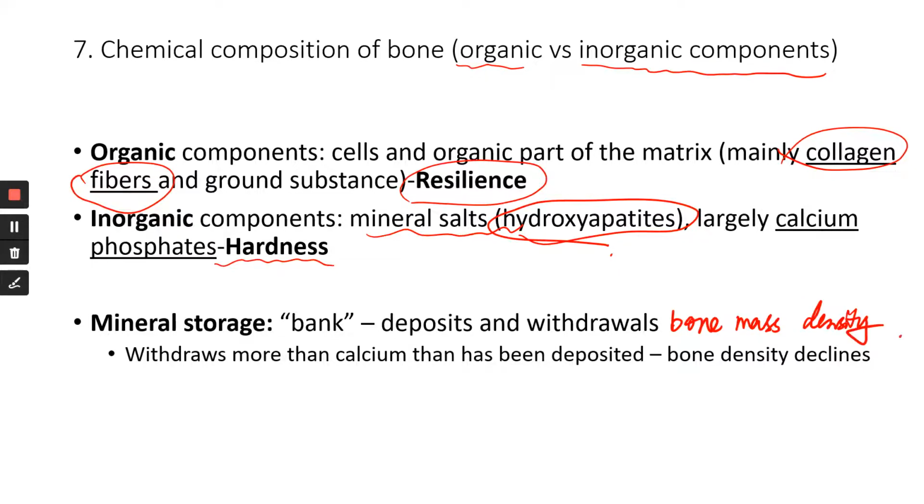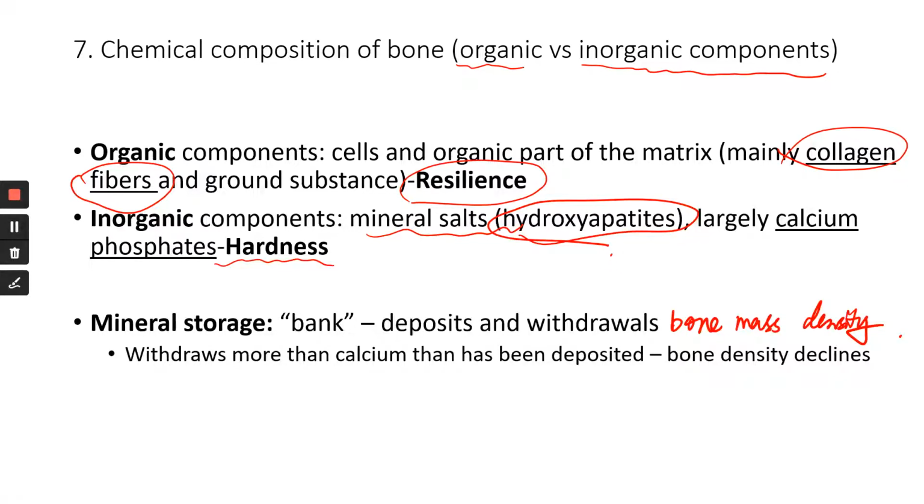Okay. So if the inorganic components, right, the calcium salts, especially the calcium, is taken away from your bones, from the bone tissue, then it's going to make bone mass less dense. So you are going to experience a loss of bone mass. And how can that happen?